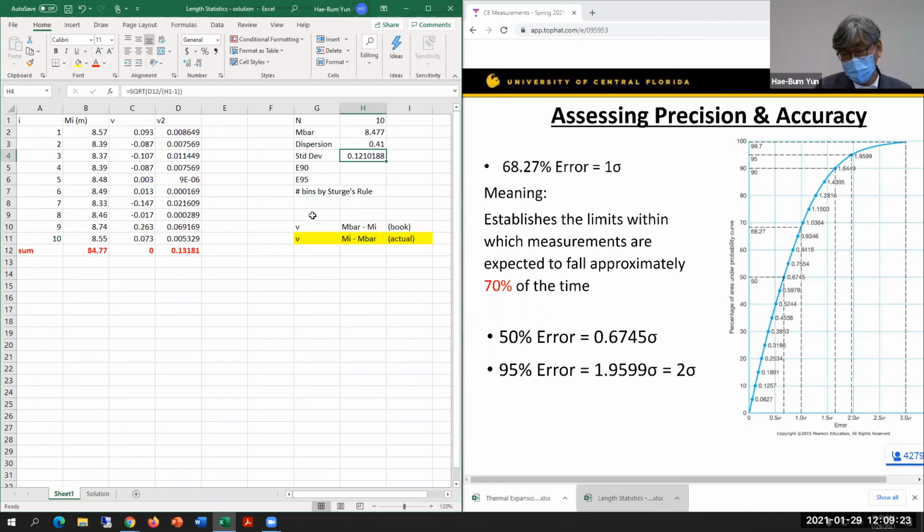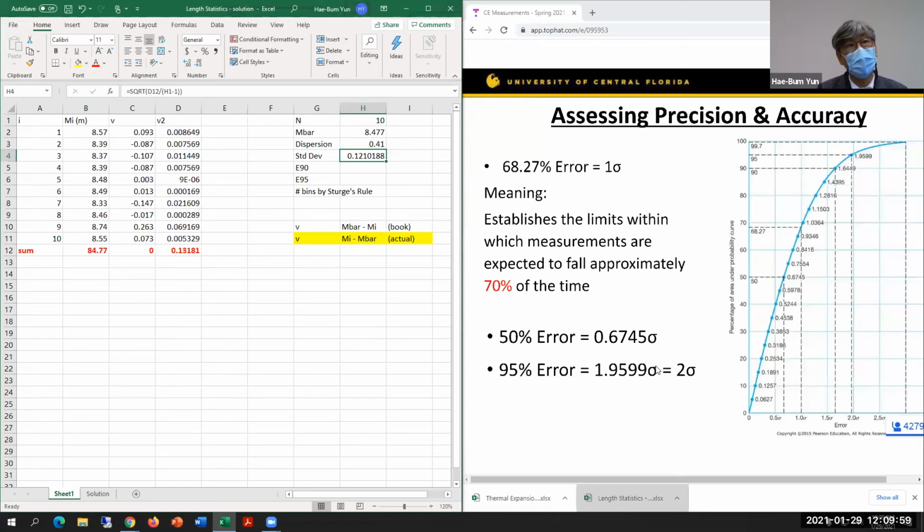Other questions? All right, then we have 3 more to calculate: E90, E95, and the number of bins. For example, 95% error can be calculated as 1.9599 times standard deviation, right? So I will leave it to you.